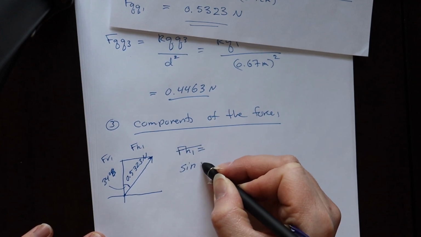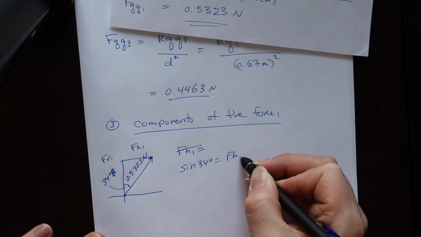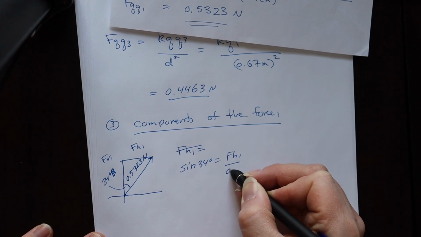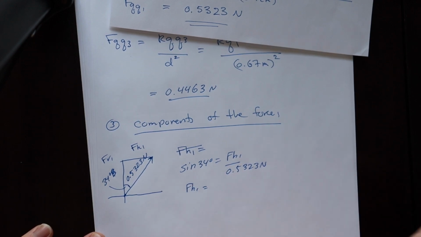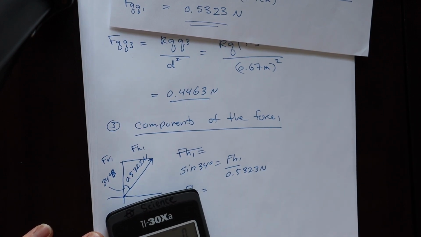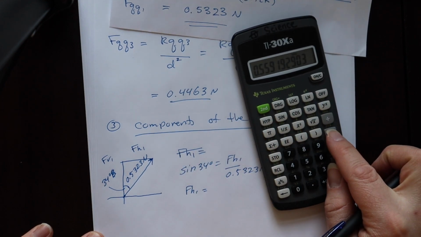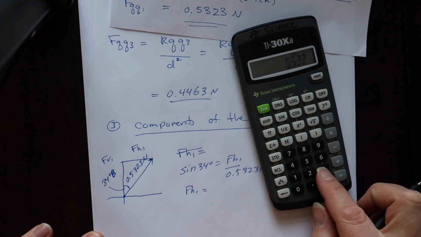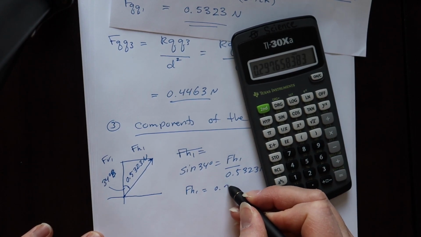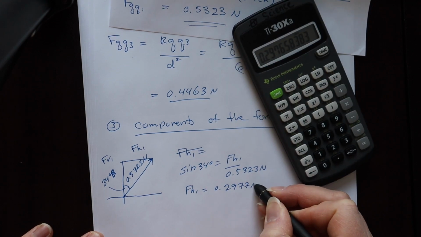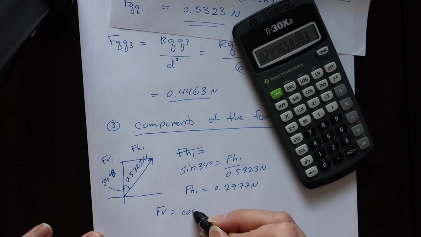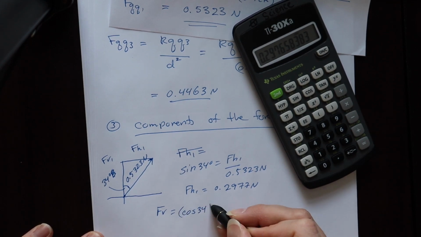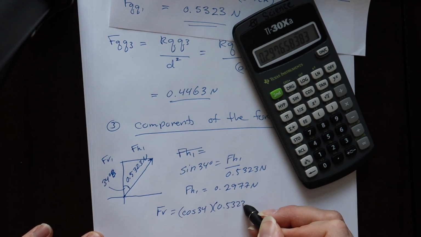So sine of 34 degrees is FH1 over 0.5323 newtons. So the horizontal force is going to be sine 34 times 0.5323. So this is 0.2977 newtons. And the vertical is going to be cos of 34 times by 0.5323.